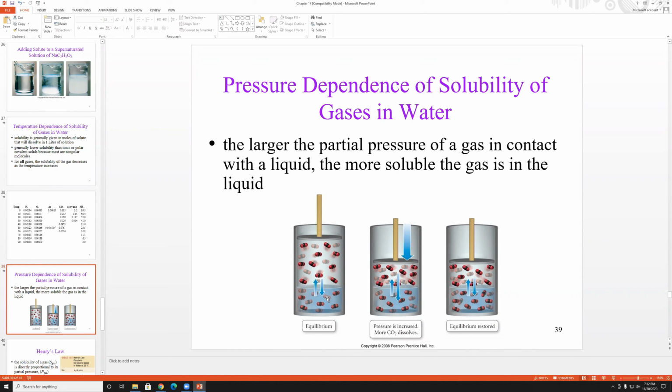Once the pressure is released and it's put at equilibrium to atmospheric pressure, the CO2 is like, oh, I don't have to stay in the water. There's no pressure pushing me down. I can now be released. So as soon as the pressure decreases to the open air, the solubility of the CO2 in the water decreases. So that's how soda cans work.